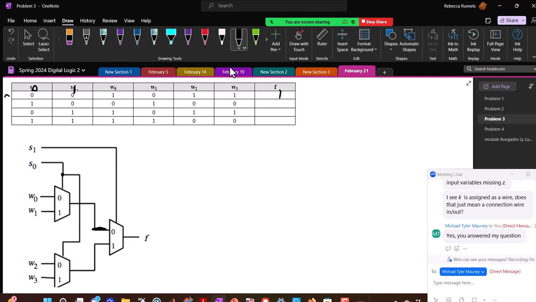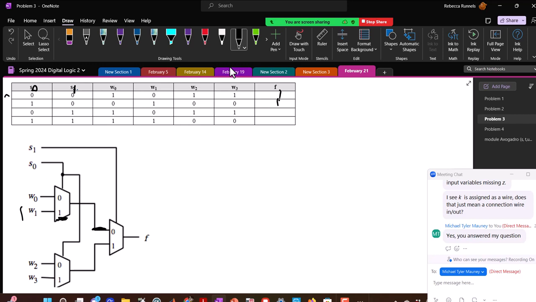Now I'll come up here, and this multiplexer depends on S0. S0 is 1, so I only really care about what's coming into the 1 input, which is W1, and W1 was 1. That way I didn't actually have to figure out what everything is. This is the one I'm going to choose for the first multiplexer, and that's going to be the answer.